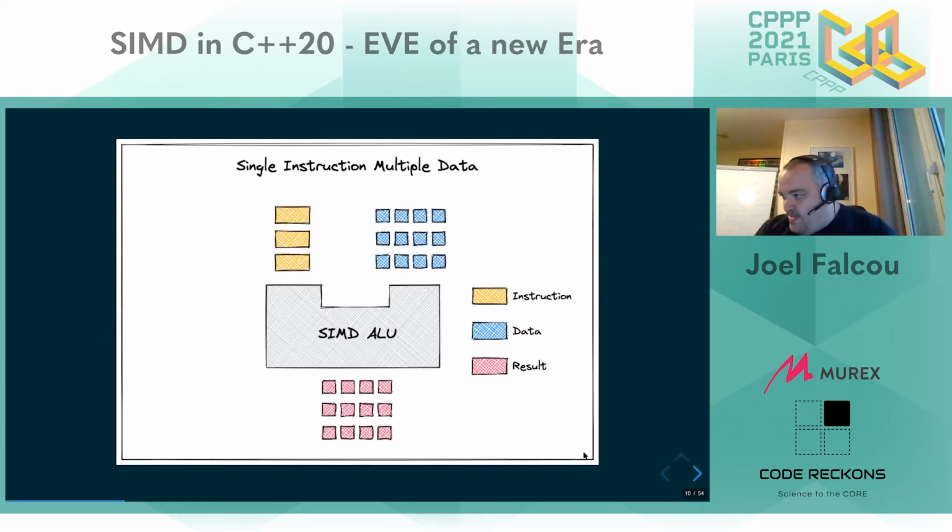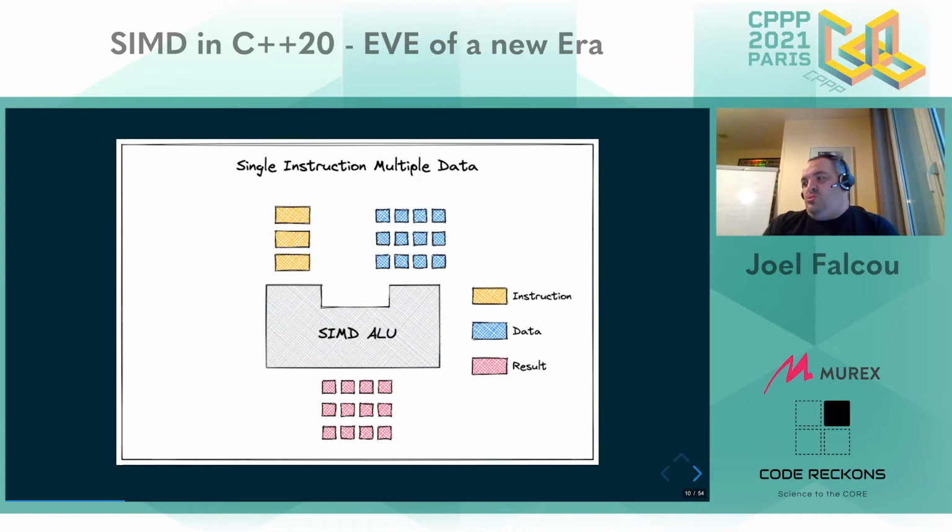You got one and unique stream of instructions that gets applied to multiple data at once. It can be anything, but usually, in regular modern processors, those multiple data are gathered in what we call a wide register, which is basically a register of 128 up to 512 bits and contains between 2 and 64 elements, depending on the types.